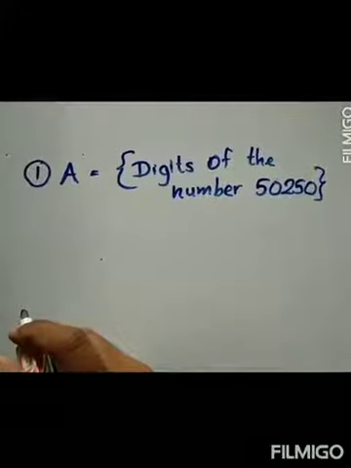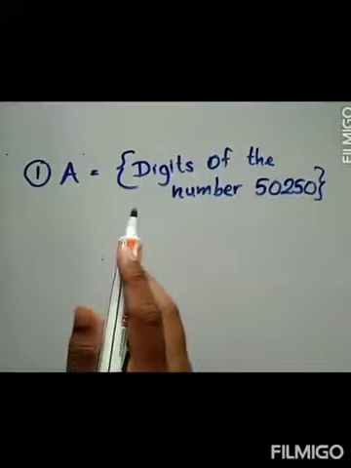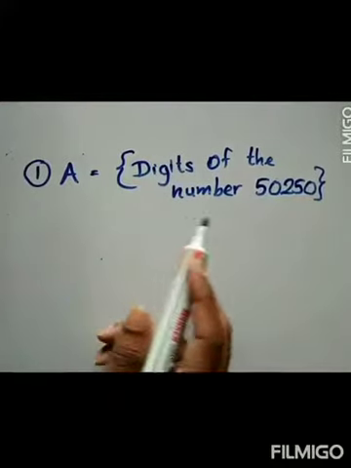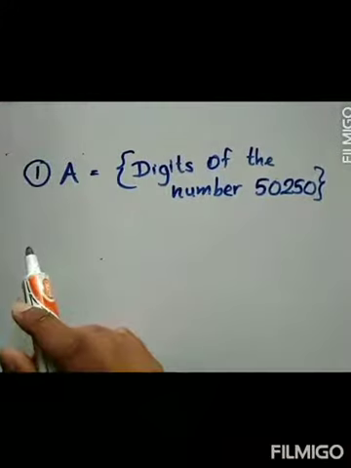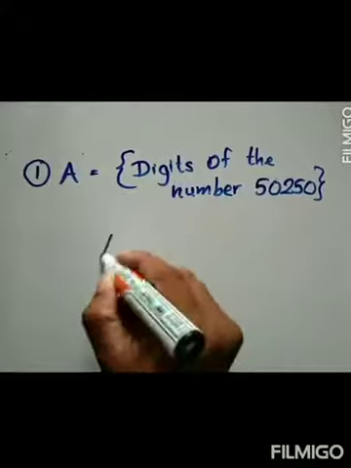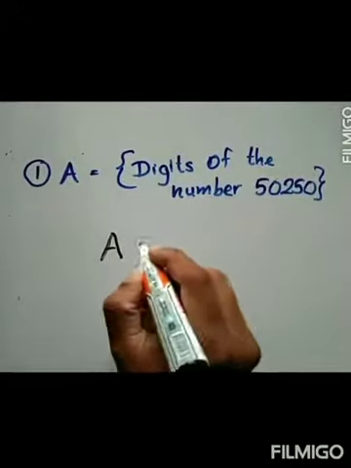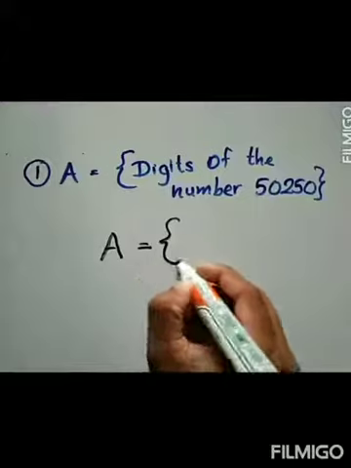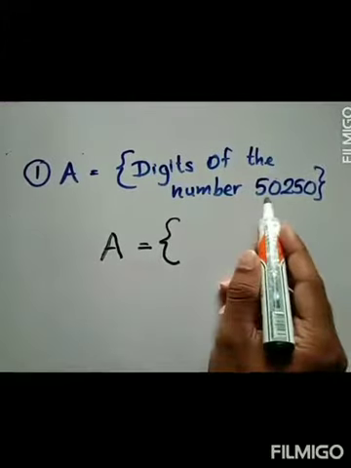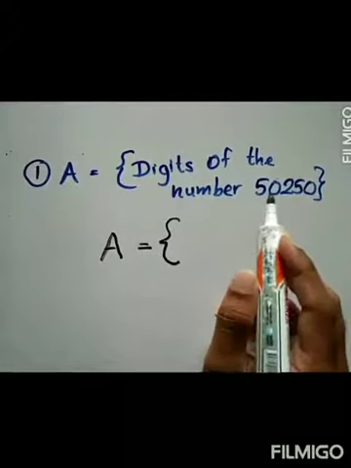First question says that A equals, inside curly brackets they have given digits of the number 50,250. Write the set A by listing its elements. So when you list elements, you must put the letter denoted the set, and also you must put curly brackets, and inside that you can write only one element only one time, right?